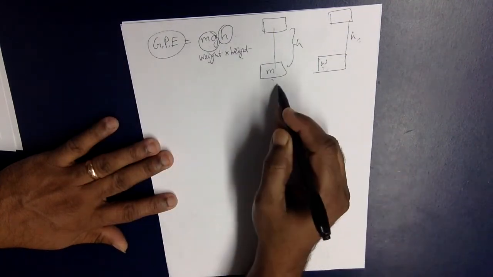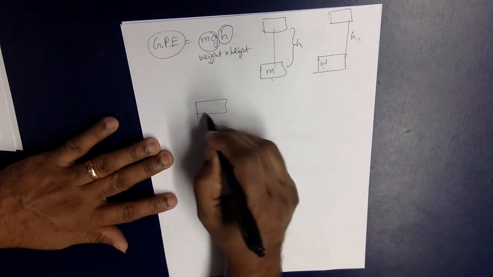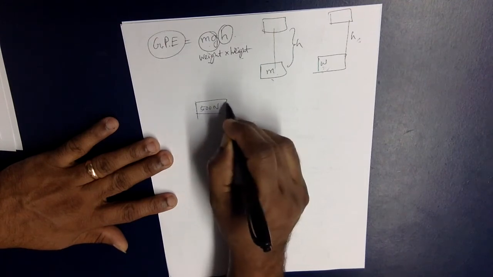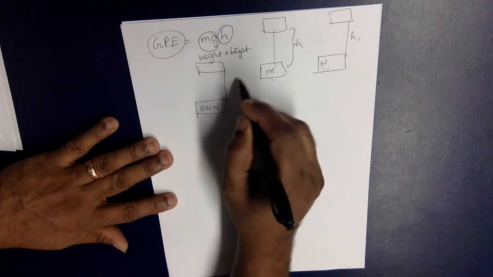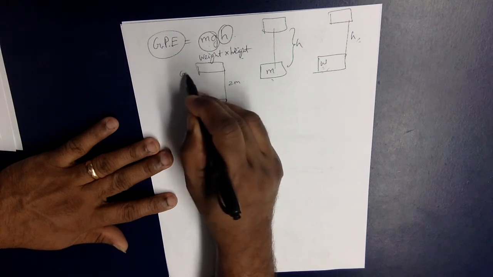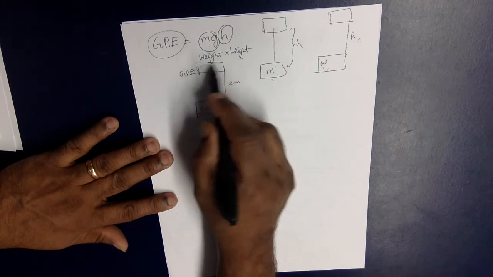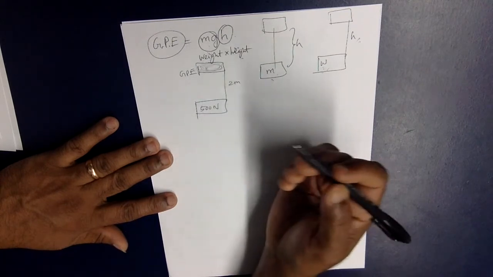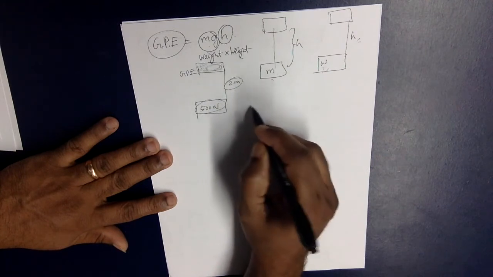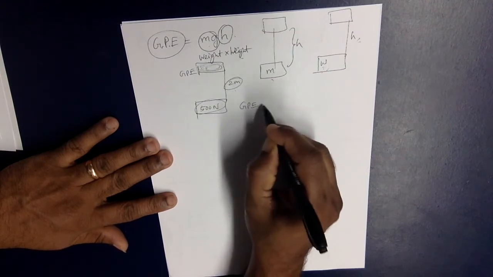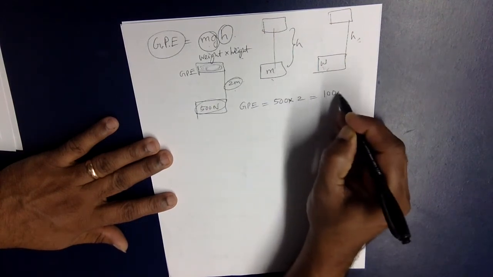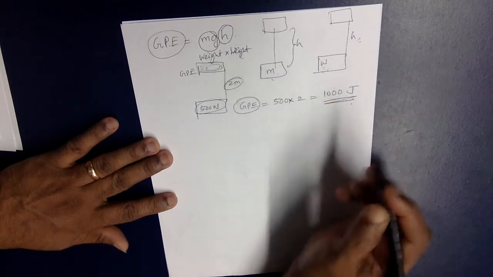For example, if the weight of an object is 500 newtons, and I'm taking that object up to a height of 2 meters, how much is the gravitational potential energy of this object? It is weight times the height, so GPE is going to be 500 times 2, which is 1000 joules. Energy is measured in joules.